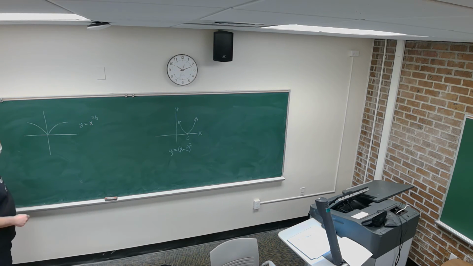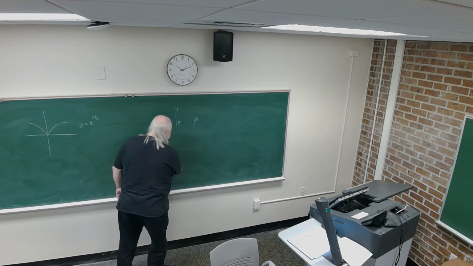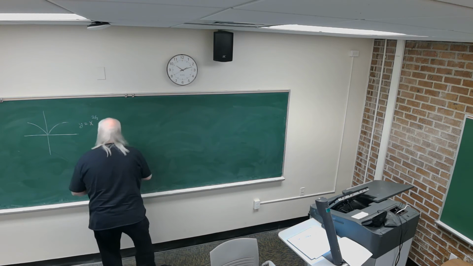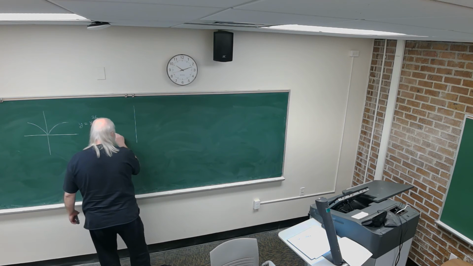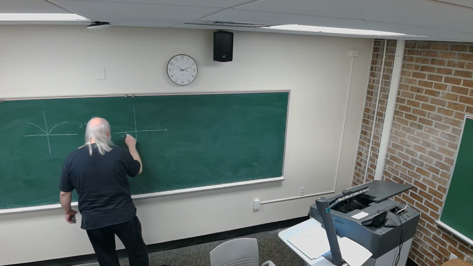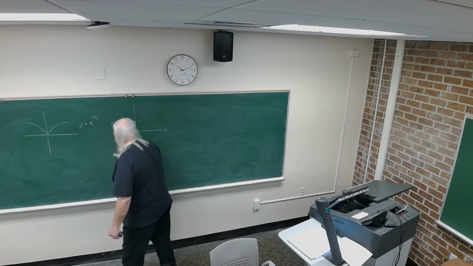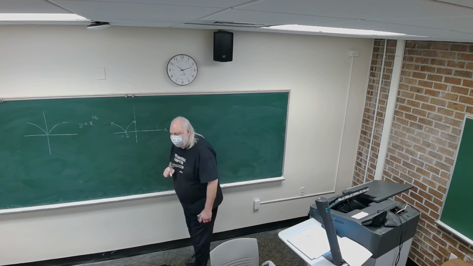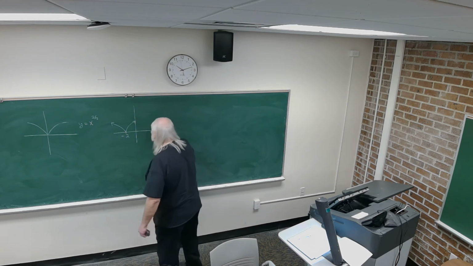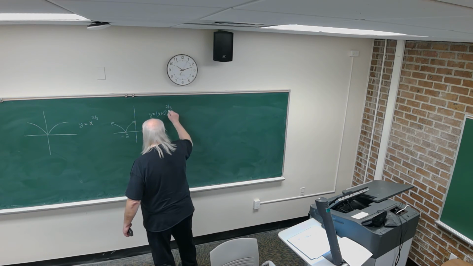So when I replace x with x plus 2, it shifts the graph to the left 2 units, so that the vertex is no longer at the origin, it's at -2. Right? So this is a graph of y equals x plus 2 to the 2/3.